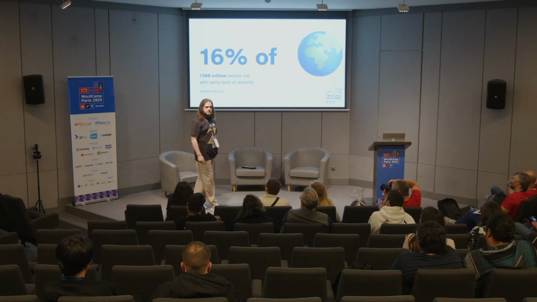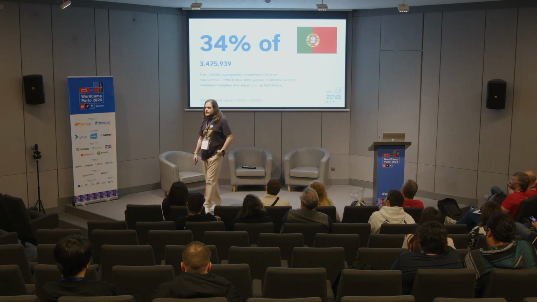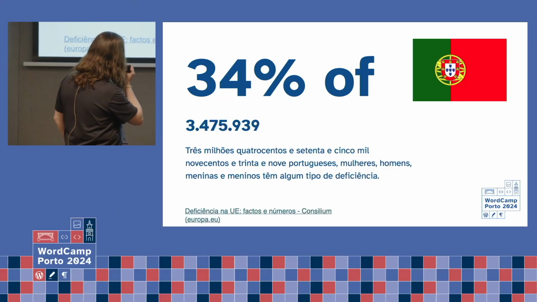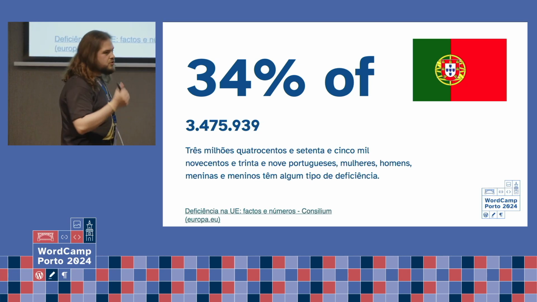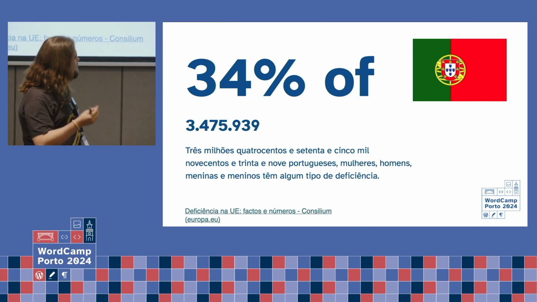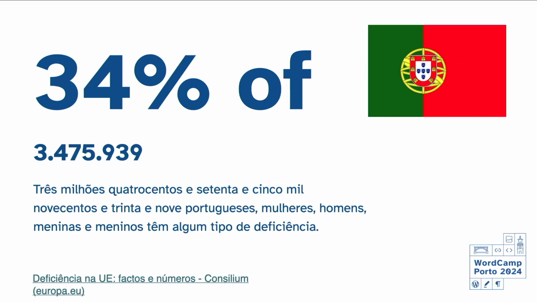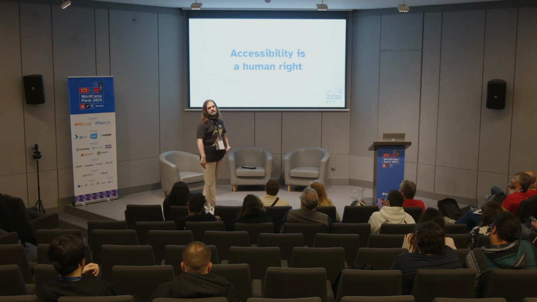Somebody knows this percentage? 34%. 3,475,939 Portuguese women, men, boys and girls have some type of disability, according to the European Union. So please remember that accessibility is not a game. Accessibility is a human right.